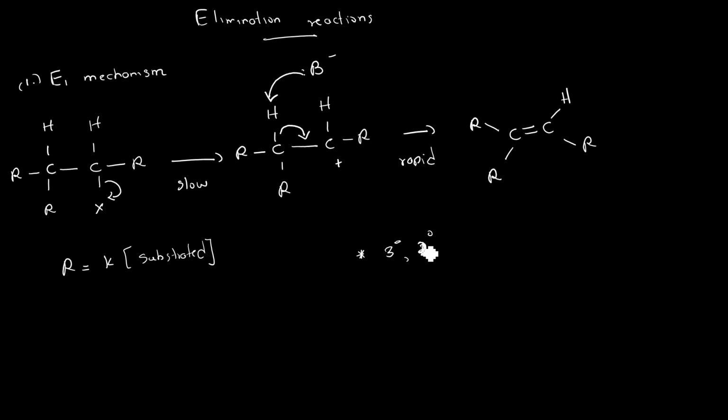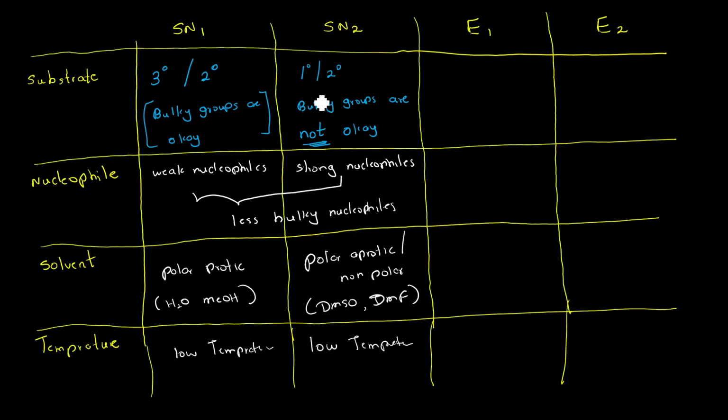Bulkiness is relatively okay for the E1 mechanism. So here you have tertiary and secondary, with relatively okay bulkiness.